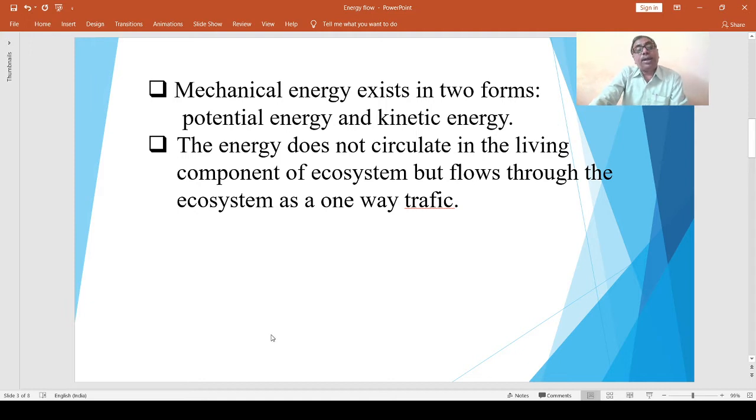The solar energy is used by green plants. Green plants are the producers in the ecosystem, and it gets converted into biochemical energy of plants and then into consumers. It means that there is a transformation of energy.